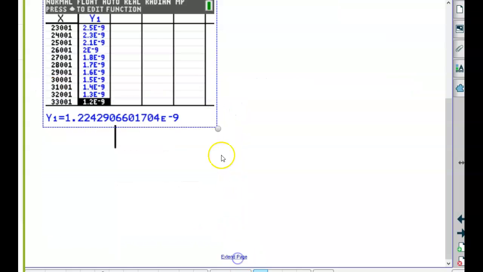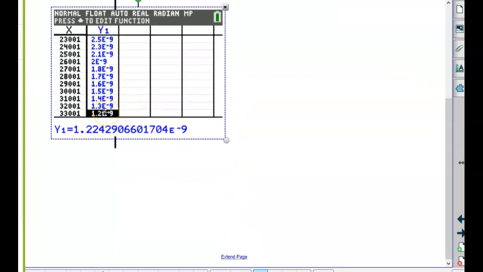And if I just pick, to show what, we're teaching more than just limits right here. But if I have 1.2, 2, and so on, e to the negative 10, or negative 9, that's another way to write it.